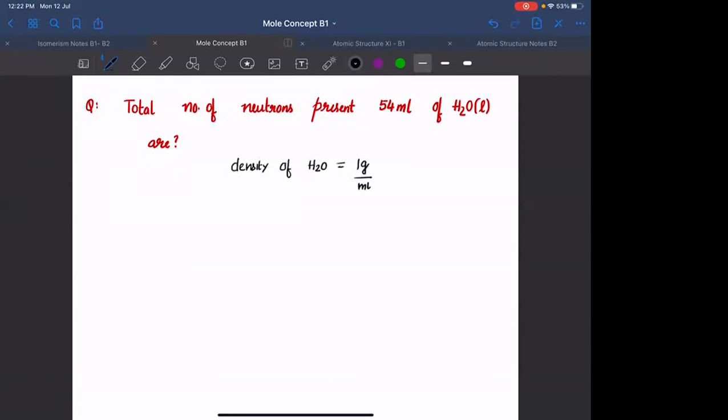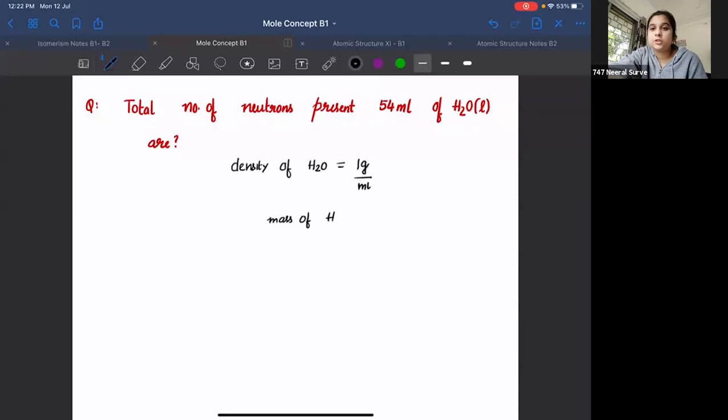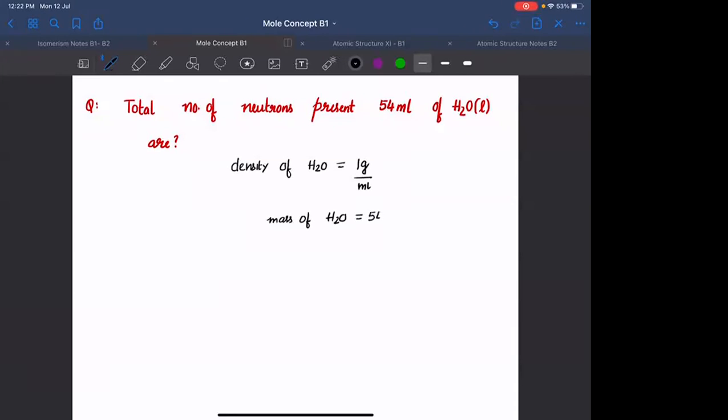So if we are having 54 ml, what will be the mass of H2O? 54 grams, which is equal to volume times density.